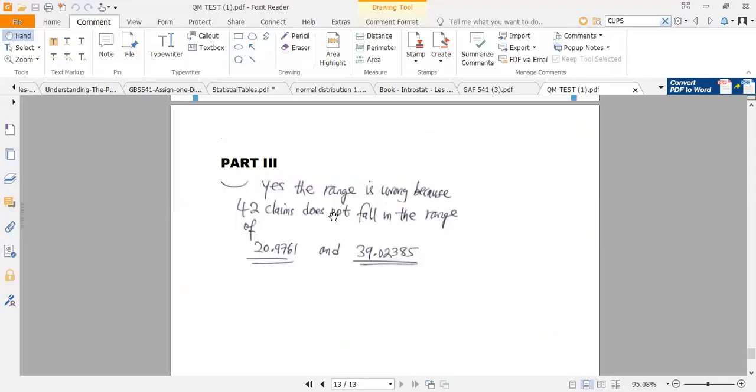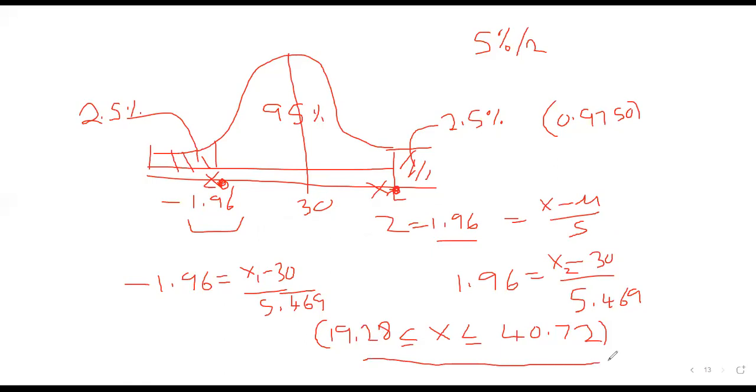The range is wrong because 42 does not fall within the range that was found. So we are going to confidently verify the director's claim because 42 is not inside here. 42 is outside. So yes, he's right because 42 is not falling within this range we found here.